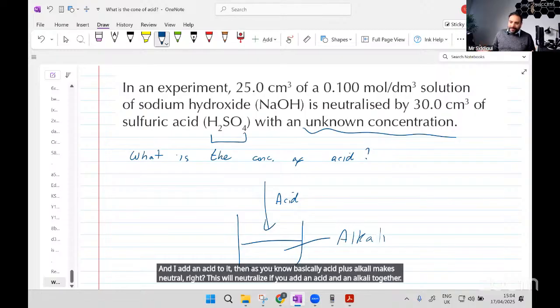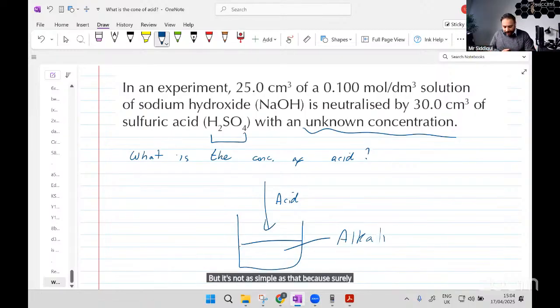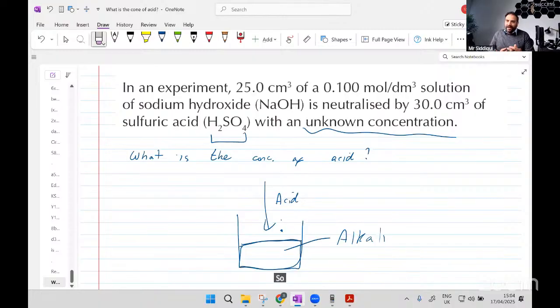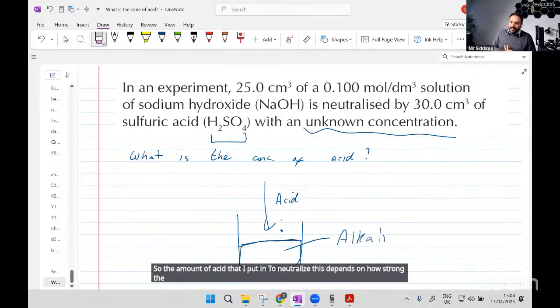But it's not as simple as that, because surely if I've got loads of really strong alkali and I put in one drop of really weak acid, it will not neutralize it. So the amount of acid that I put in to neutralize this depends on how strong the acid is, how strong the alkali is, and how much alkali I've got, right?